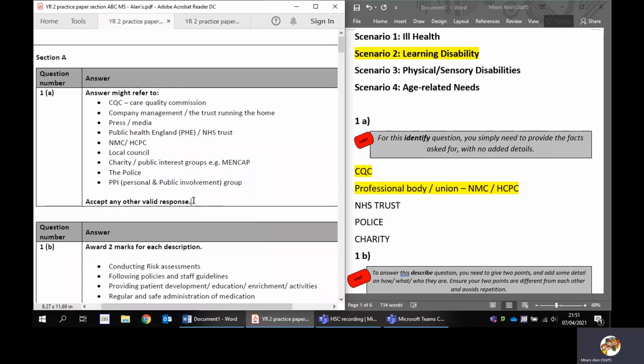Our golden ticket in all these exams is always the accept any other valid response. If that's there, and it always is, as long as you've made a point that is clear, relevant, somewhat sane, you can pick up the marks for that.